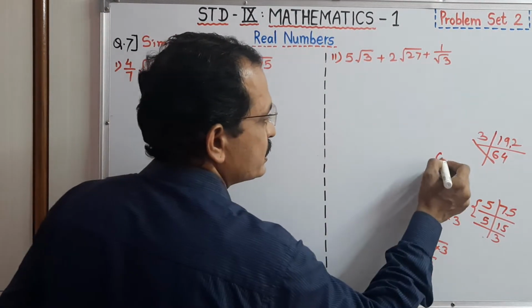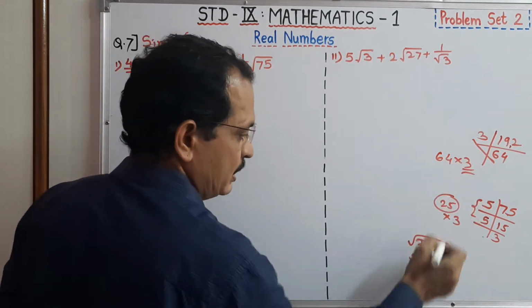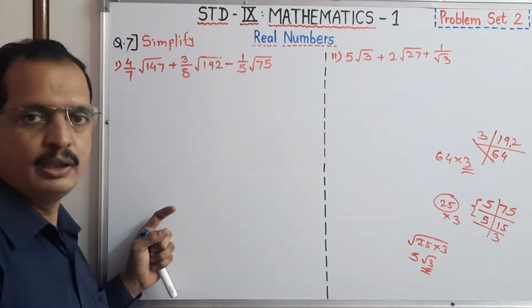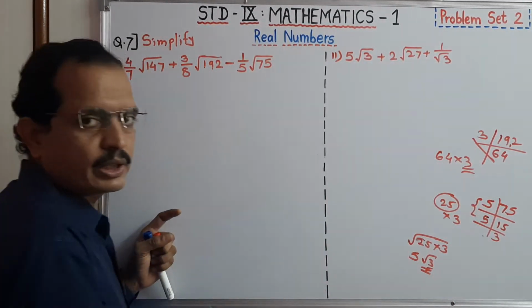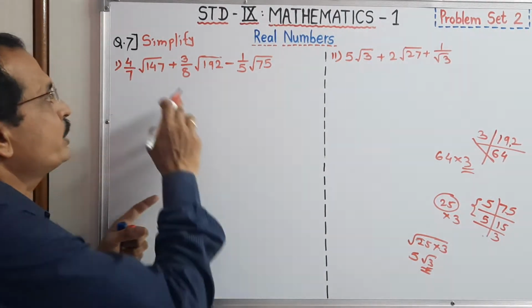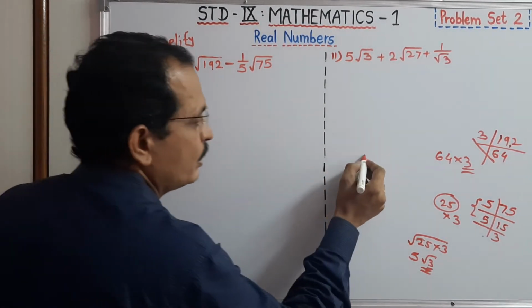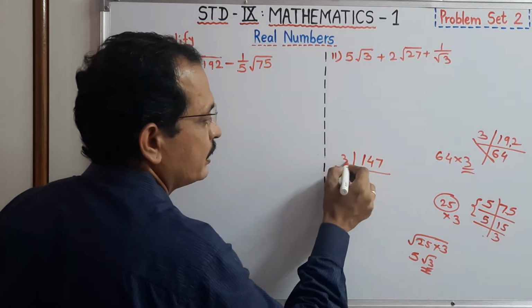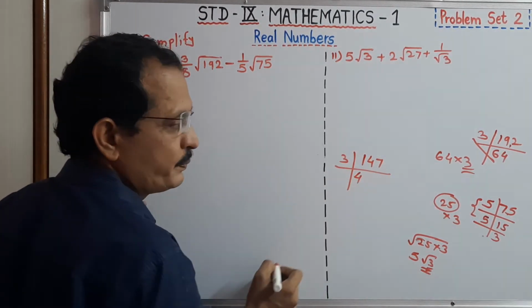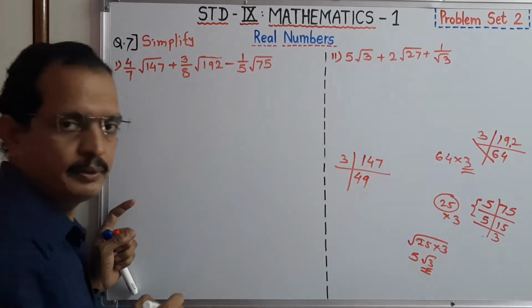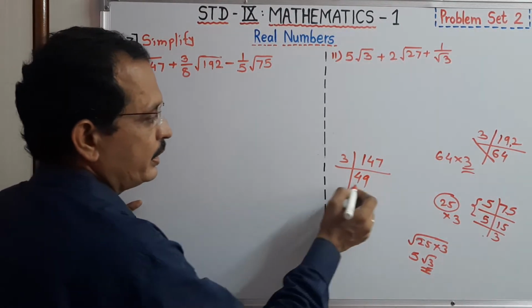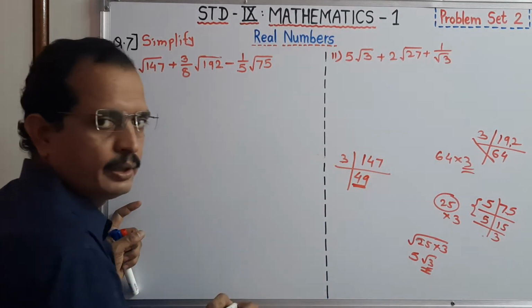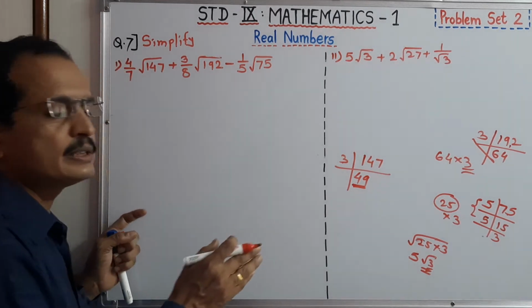Therefore, 64 is a perfect square and 3 is another factor. Got it? 64 is a perfect square, it is the square of 8. The same thing we can apply here for 147. We divide 147 by 3. Then 3 fours are 12 and 3 nines are 27. Got it? Here 49 into 3.